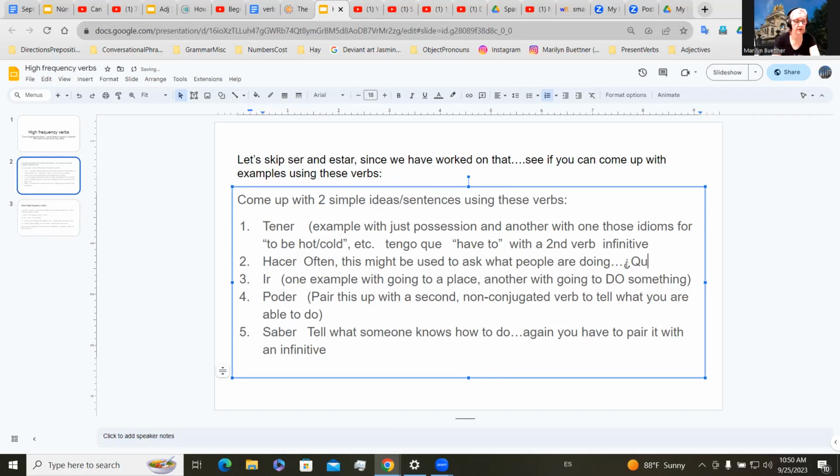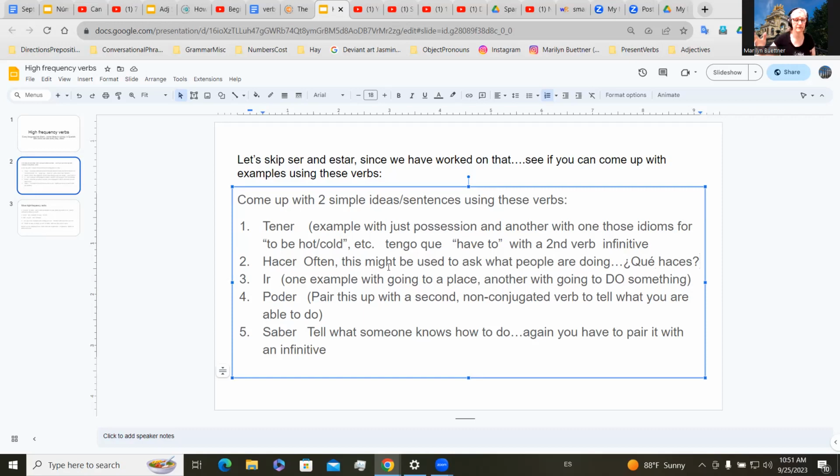We have to have the what word, ¿qué? What would we do? How would we change hacer to ask, what are you doing? Dices. Hacer. ¿Qué haces? ¿Qué haces? ¿Sí? Okay.